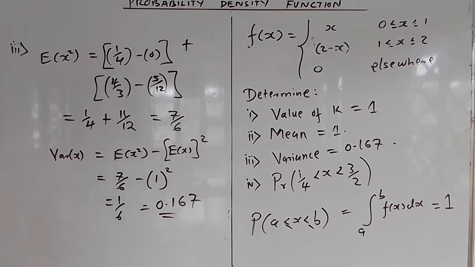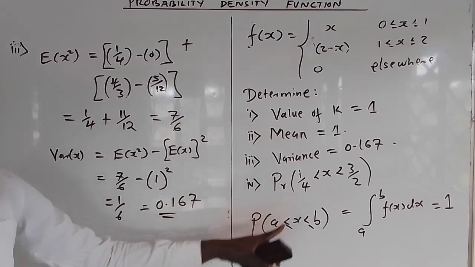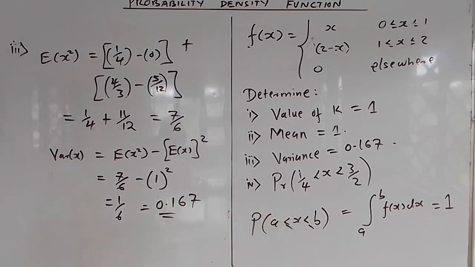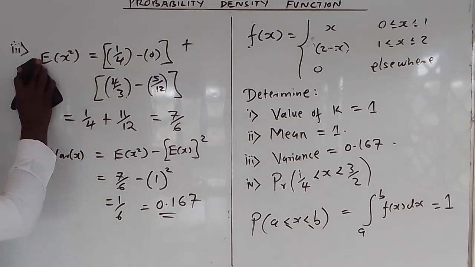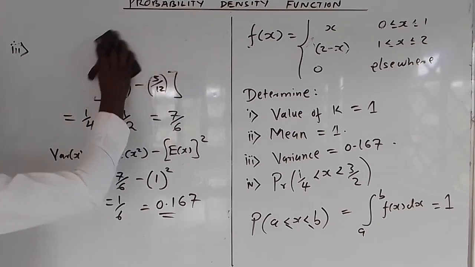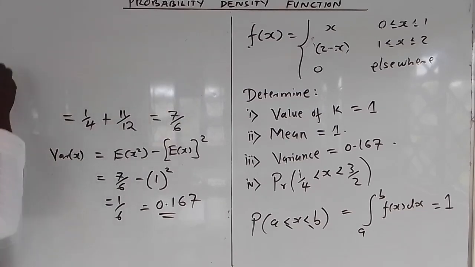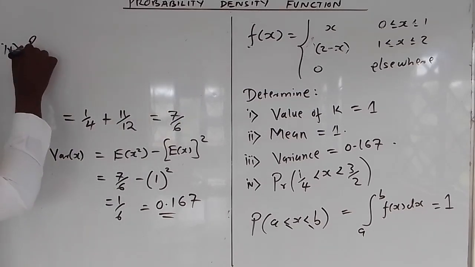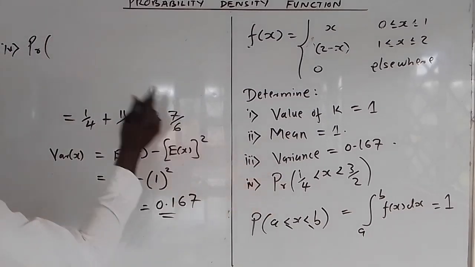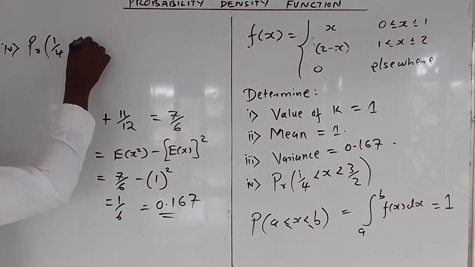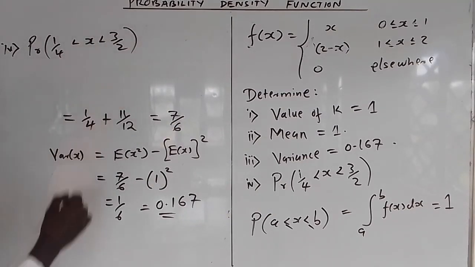Good. So let us go here. That is Roman 4. What is the probability that x is between 1 over 4 and 3 over 2?